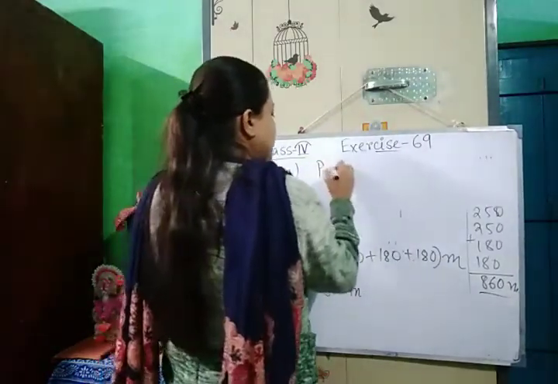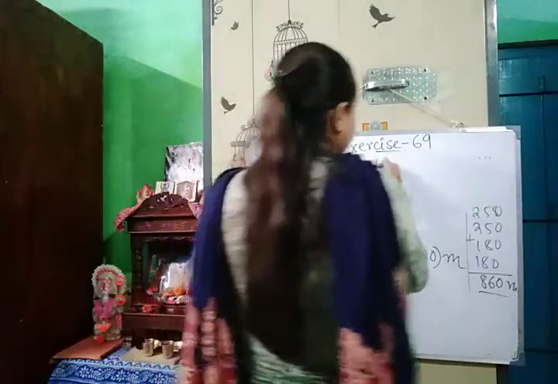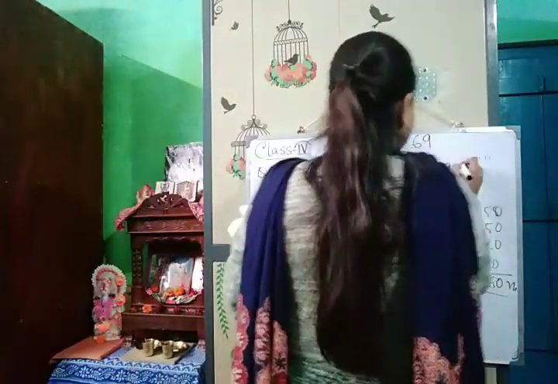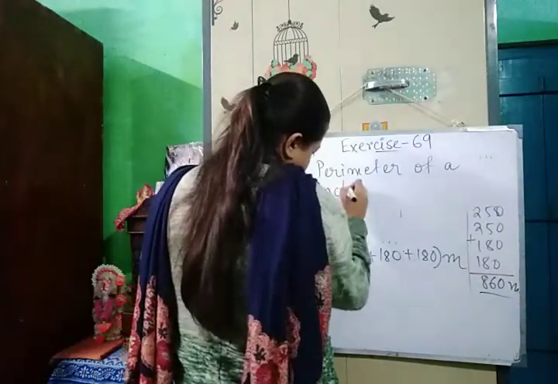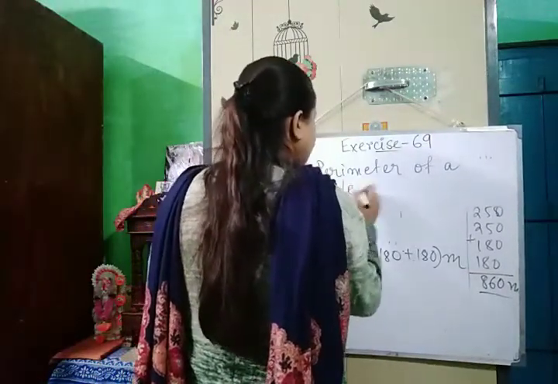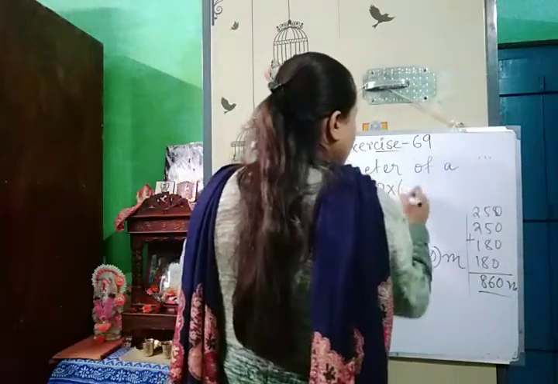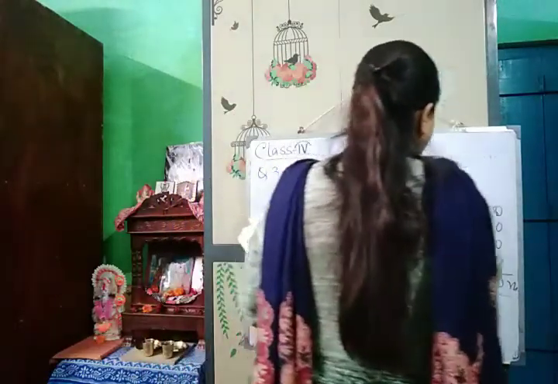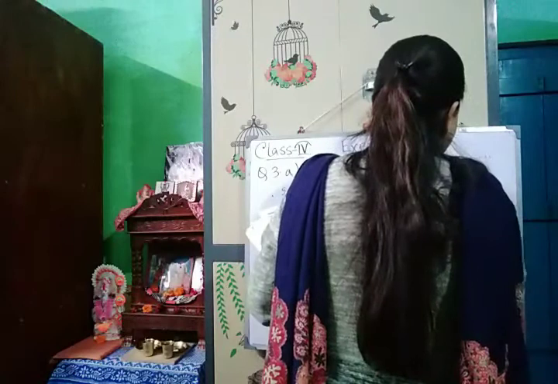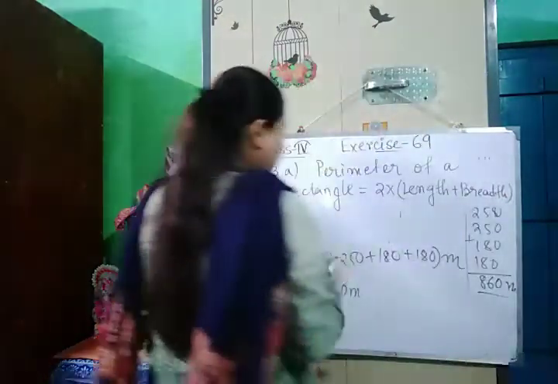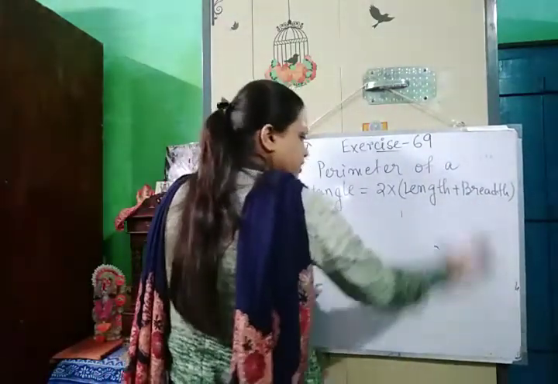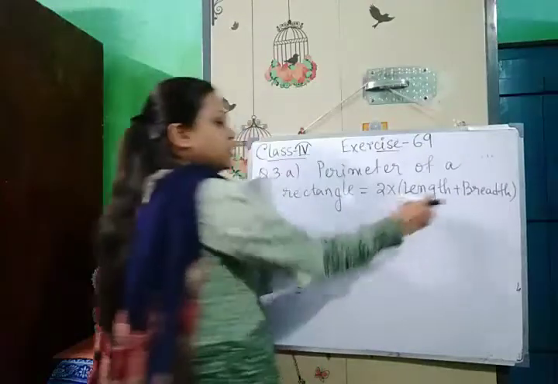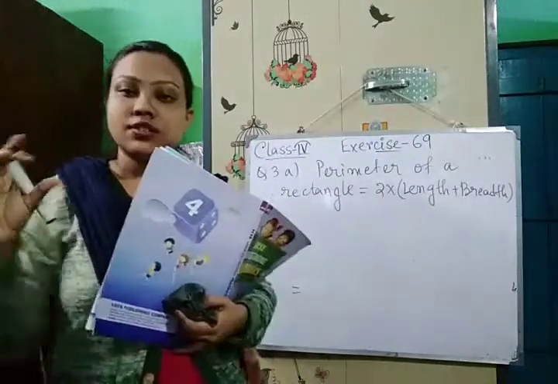Formula is perimeter of a rectangle is equals to 2 into length plus breadth. Okay. So, what is the formula to find out the perimeter of a rectangle? 2 into length plus breadth. That is the formula.